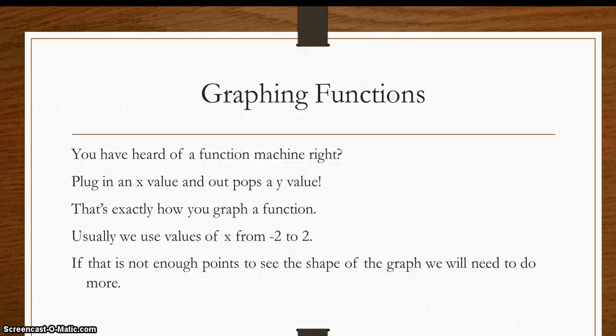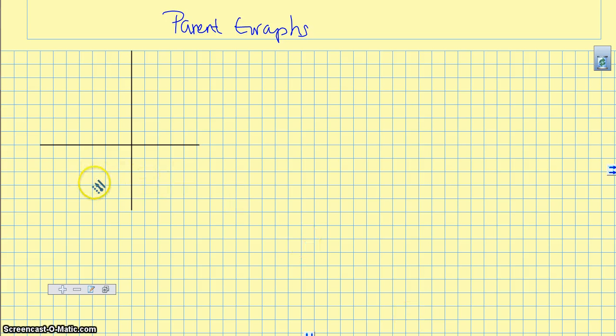Now, some parent graphs that we're going to be looking at. I'm going to go ahead and draw a couple of these for you. Here's some parent graphs. We can have a line.